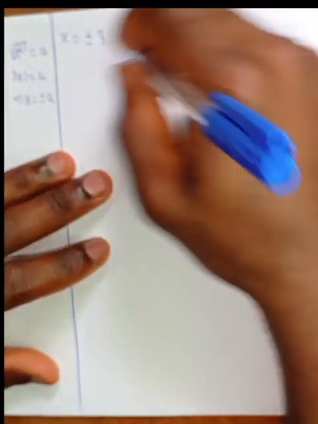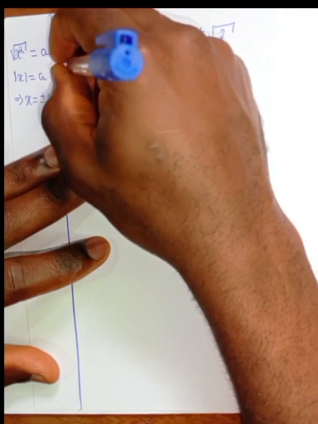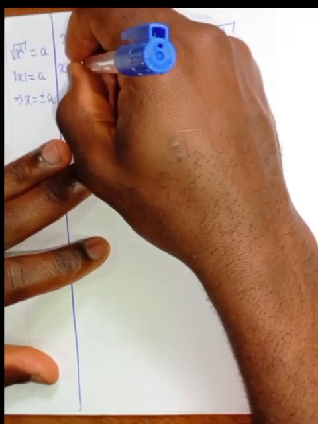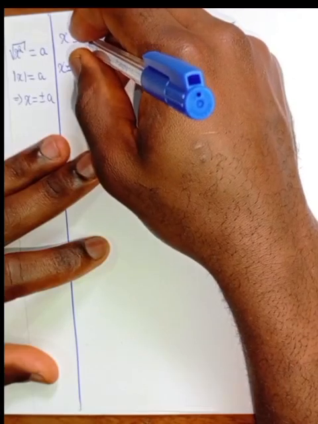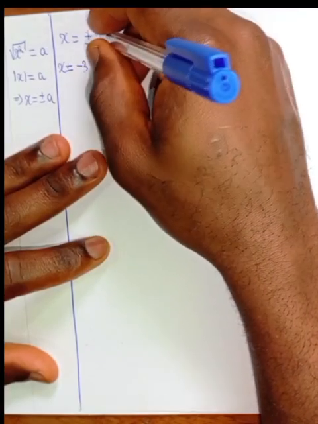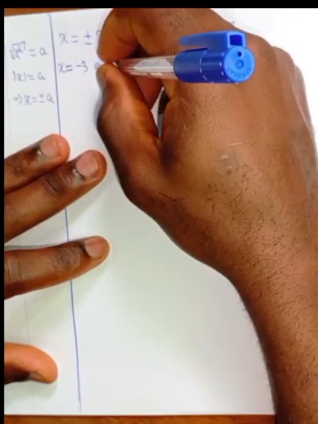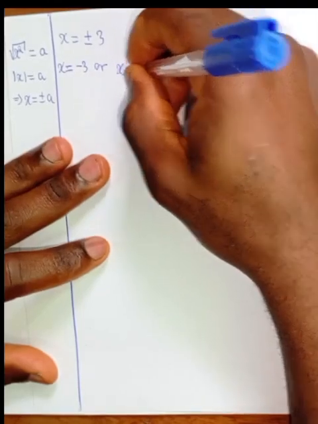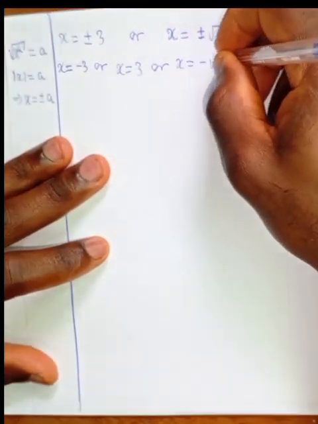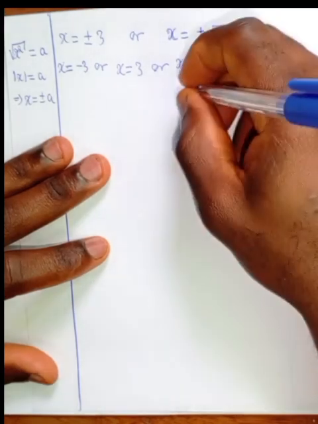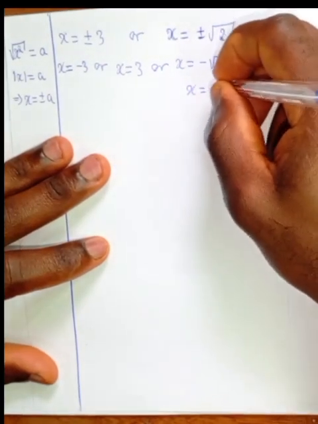At this level, it simply means x will be equal to negative 3, or x is equal to 3, or x is equal to negative root 2, or x is equal to root 2.